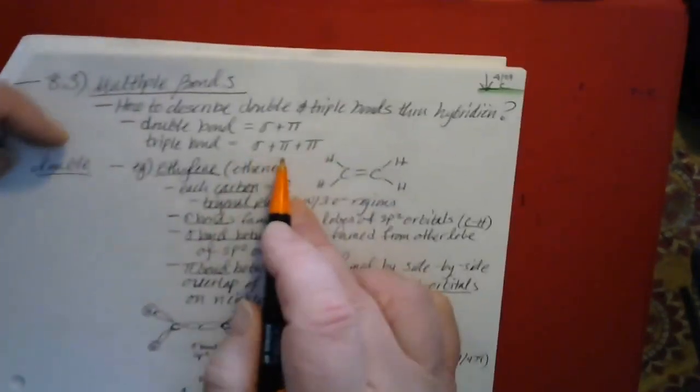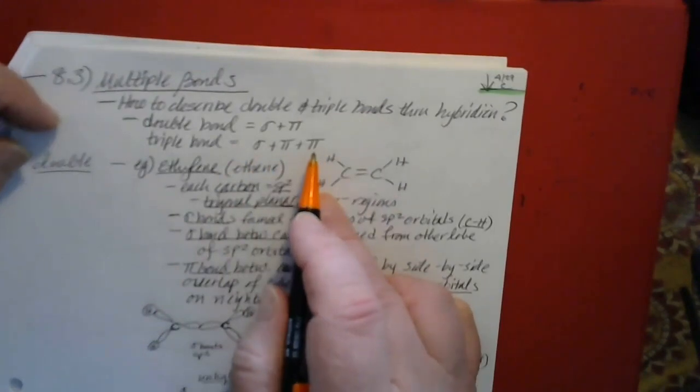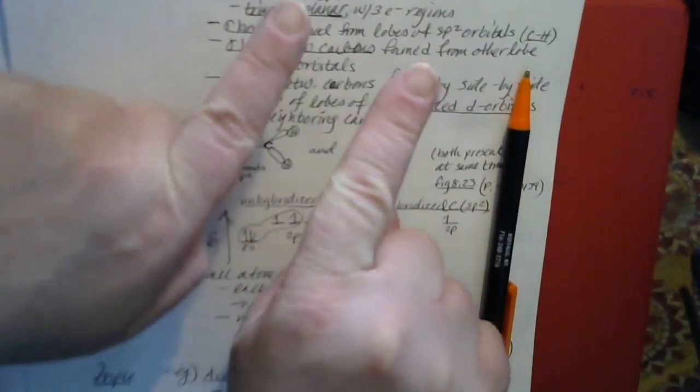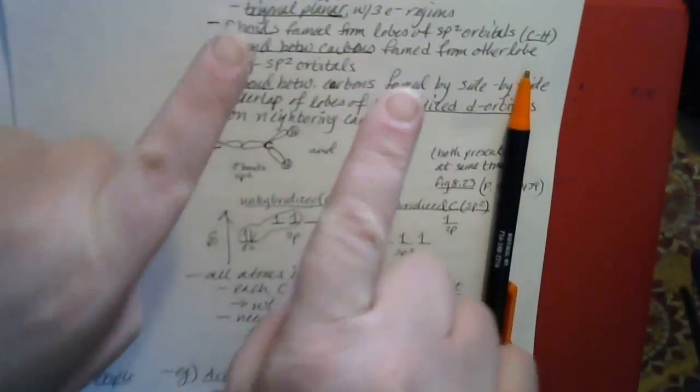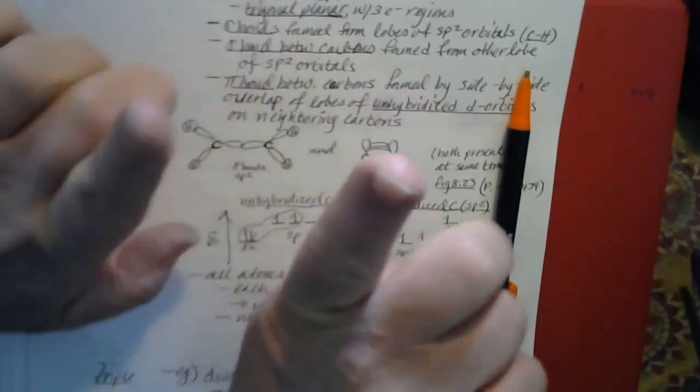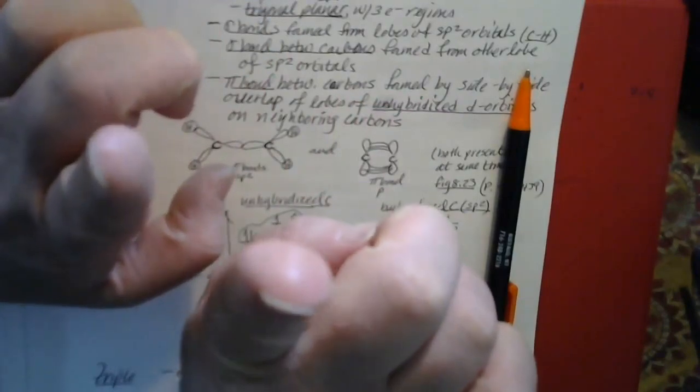Triple bond consists of a sigma bond and a pi bond and another pi bond perpendicular to the first pi bond. So in this case, we've got not only p orbitals that can be lined up next to each other in, say, the horizontal direction in this case, but you've also got p orbitals that are lined up next to each other straight up and down.